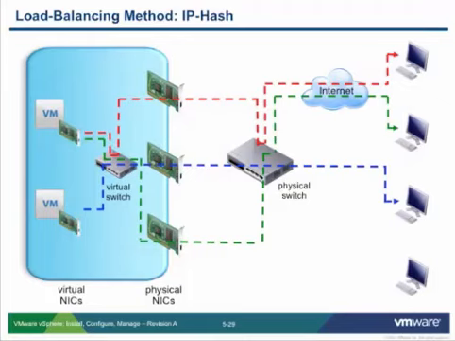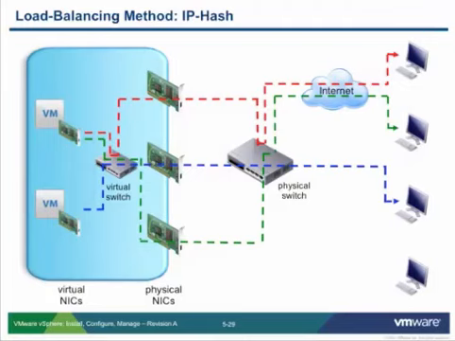So maybe that hopefully makes a little more sense when I was talking earlier about the single NIC VMs can only use the bandwidth of a single physical adapter card in the previous 2 methods, because in either event, regardless of how the determination was made, the mapping was from a single virtual NIC to a single physical NIC. And in this example, we can see that a single virtual network interface card may actually map to more than 1 physical network adapter card, allowing you to take advantage of additional bandwidth.